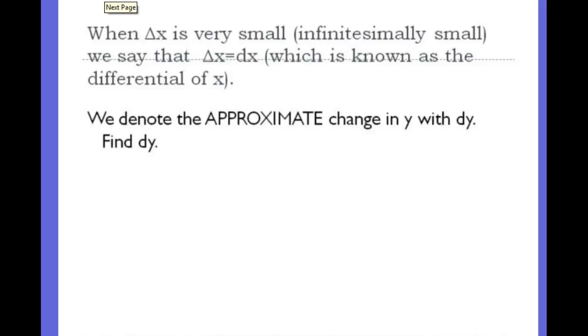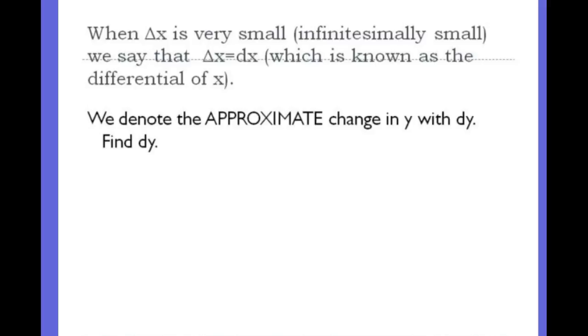So when delta x is very, very small, infinitesimally small, we can say that delta x equals dx. So we're going into the notation of lightness. Go back and think about when we talked about derivatives, and I said move away from f prime and y prime and into dy dx. A differential is that dx part.